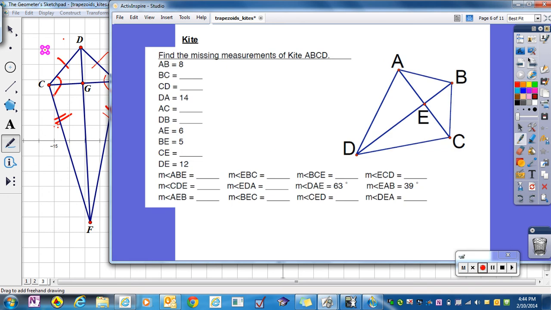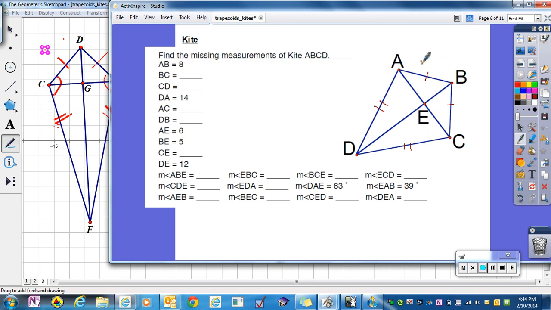Alright, and last but not least, let's look at some missing measurements of a kite. Let's start with just the sides. I know that two sides right next to each other will be congruent. These are not opposite, they're just one after the other.